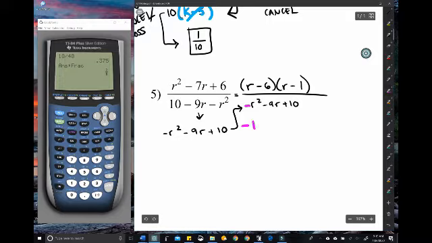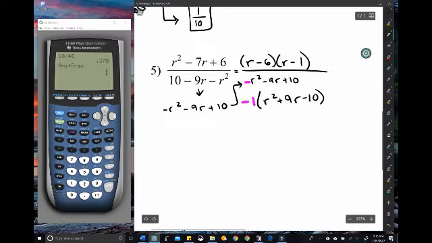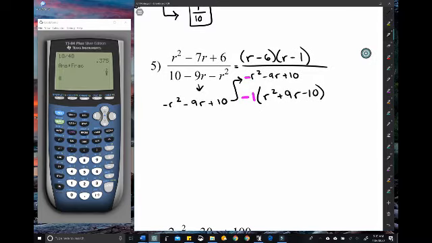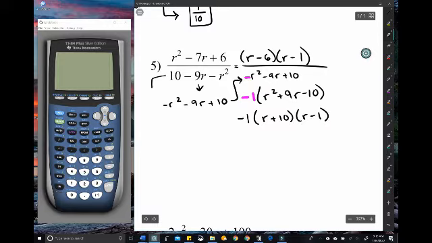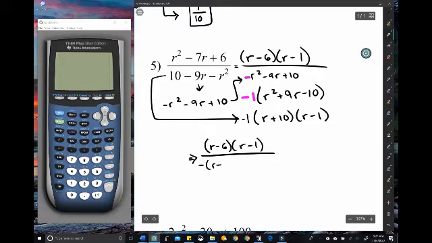What that will do then is make it r squared plus 9r minus 10. And we're still not finished with factoring that entire thing yet. So it's going to be negative 1 times r plus 10 and r minus 1. That is the entire thing factored properly. Okay? So just rewriting r minus 6, r minus 1, all over negative r plus 10 and r minus 1.